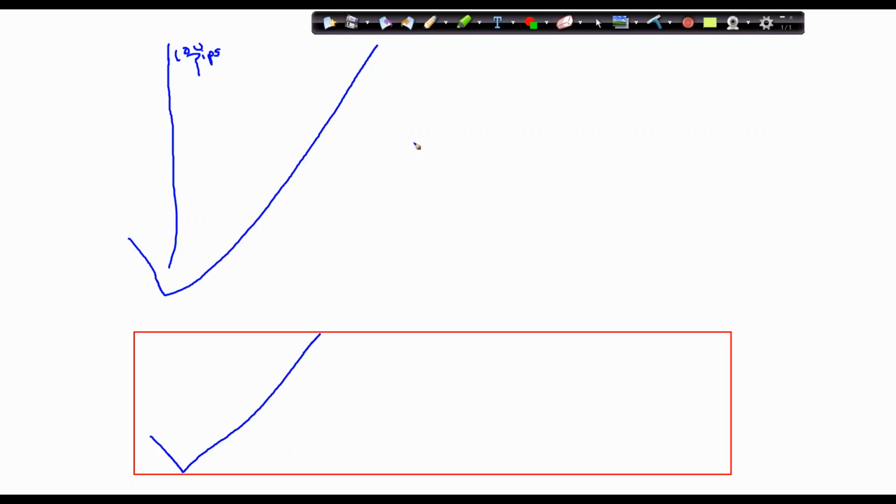So if this pulls back, that would be 50, that would be 25, that would be 75. If this pulls back here, there's two things we can note because I've given this scale. First of all, that's a 25% pullback.